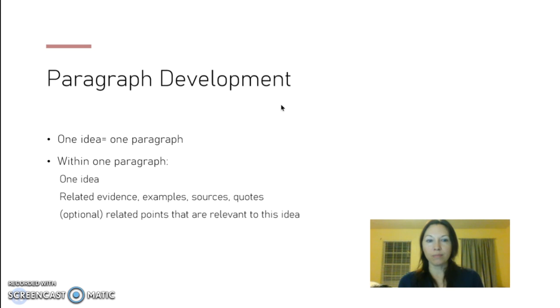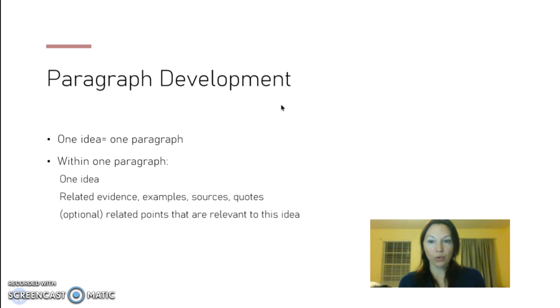So you want to make sure that all of your points are relevant to this one main idea, which is the focus of this one body paragraph. Otherwise, it becomes too confusing for the reader if you stray and go off to different ideas. It's very important in a well-written essay that you have well-written paragraphs.